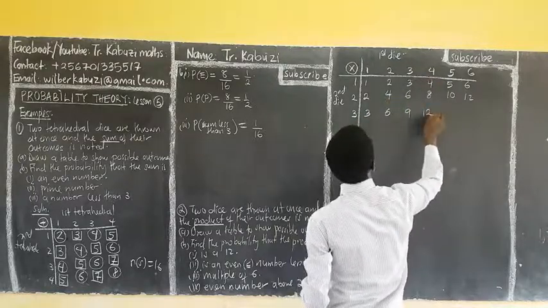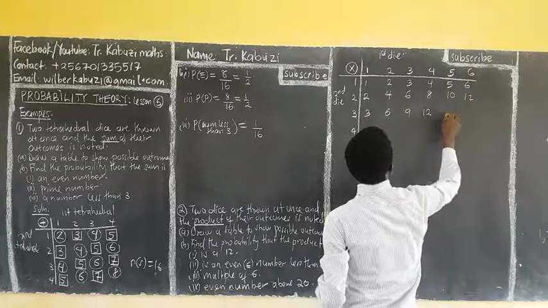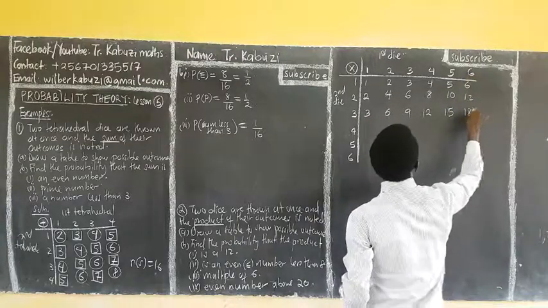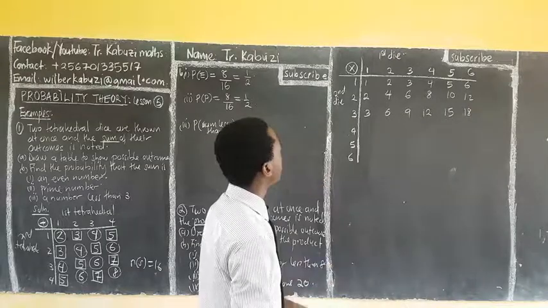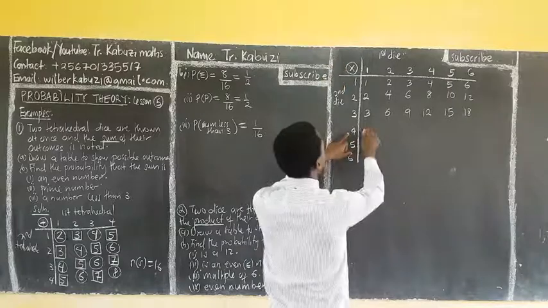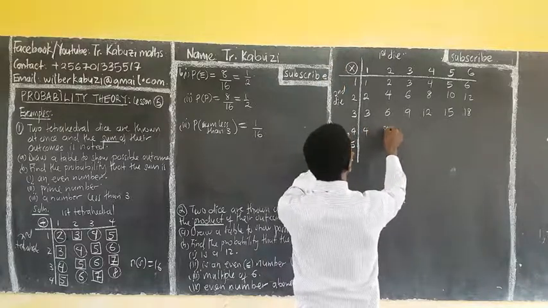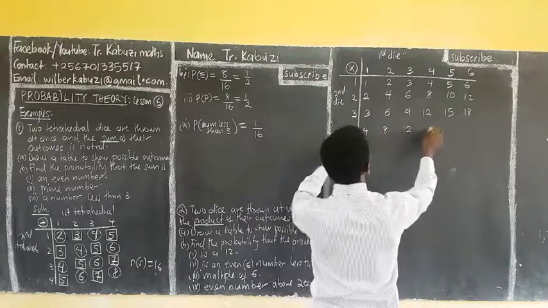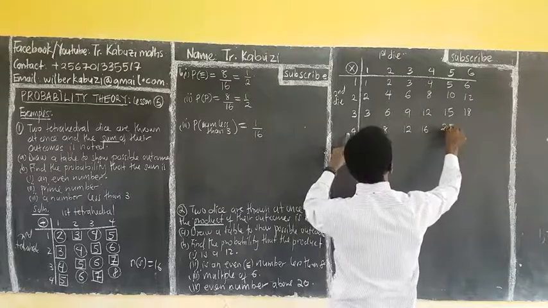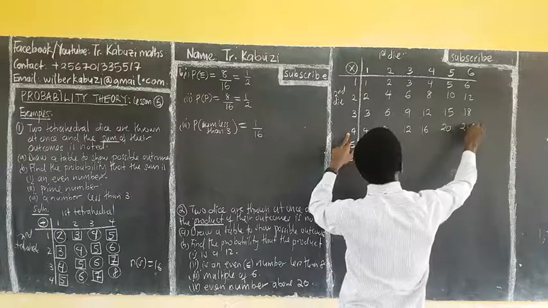Is 12, 15, which is 18. When I come to 4 and 1, the product, I'm taking the product, is 4, 8, 12, 16, 20, and 24.